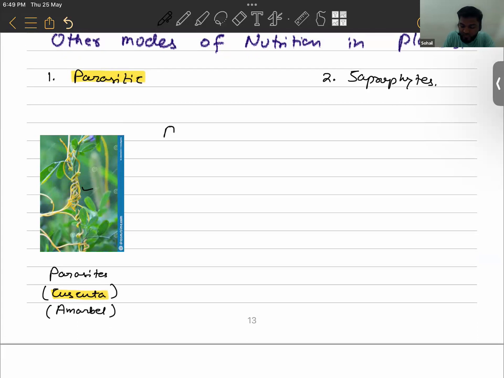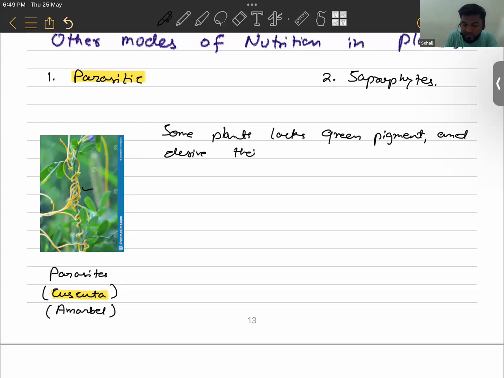So we say that some plants lack green pigment and derive their nutrition from other plants called host.